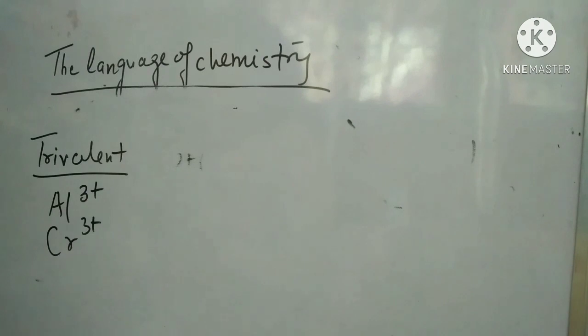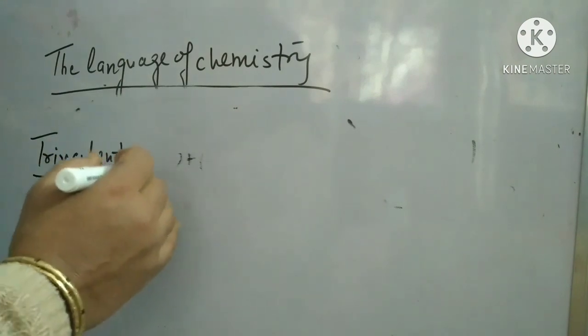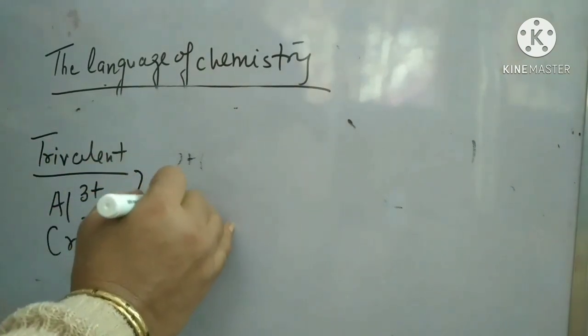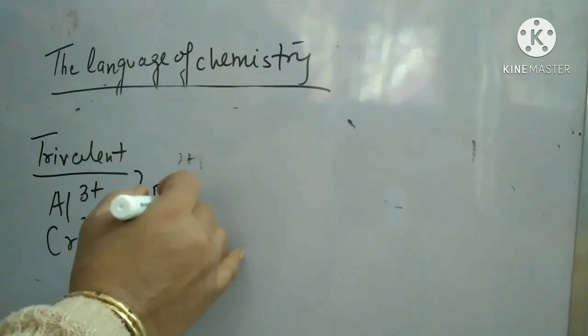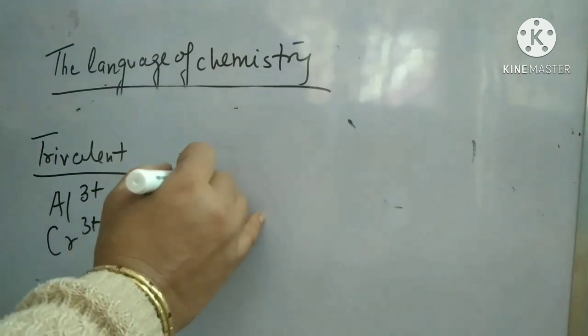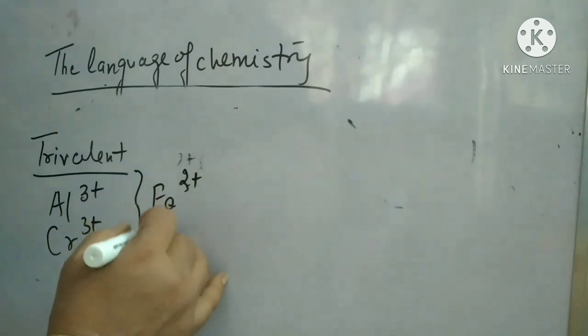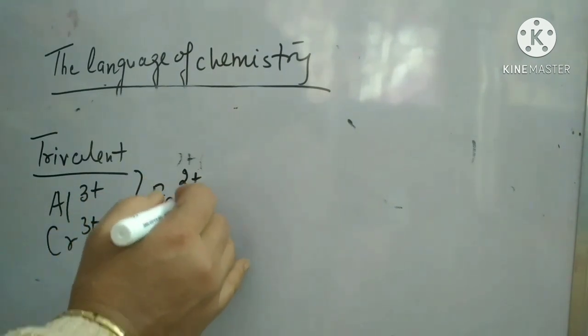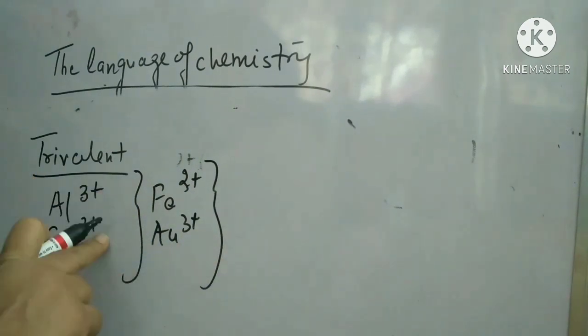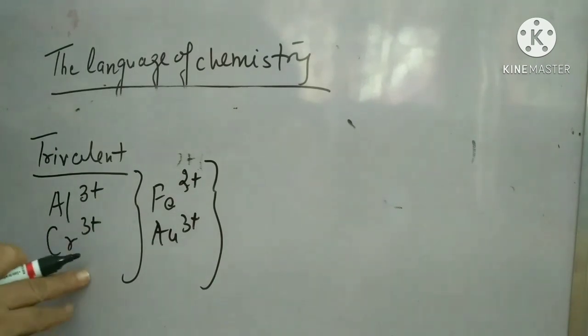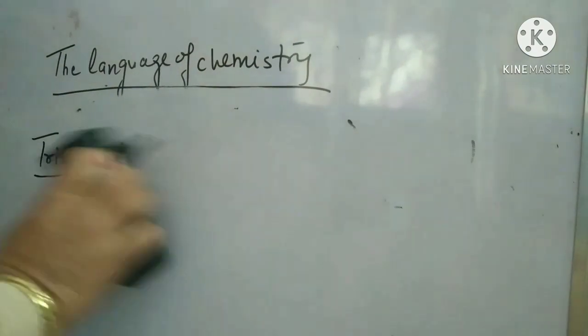Now if I say about those elements which possess variable valency, Fe, that is ferric 3 plus, auric Au3 plus. So now all these atoms of the elements, they are possessing 3 plus valency, so they are those elements which are known as trivalent.